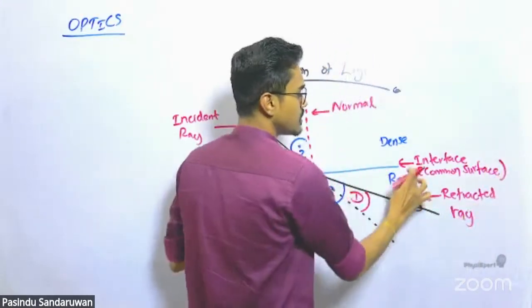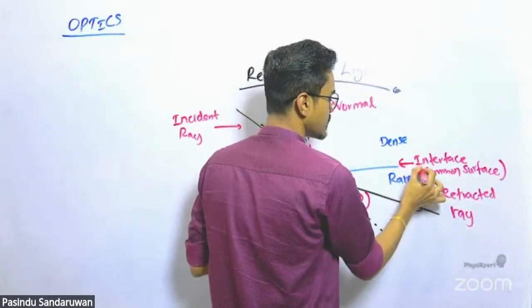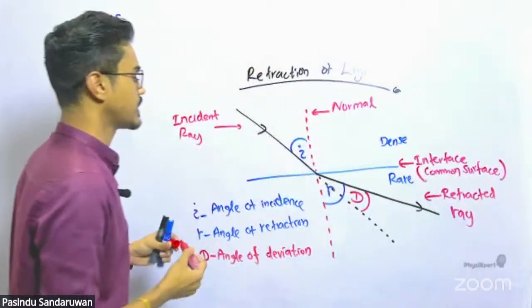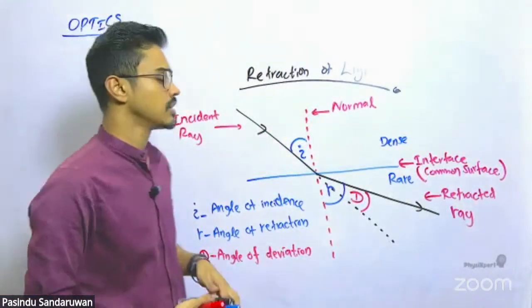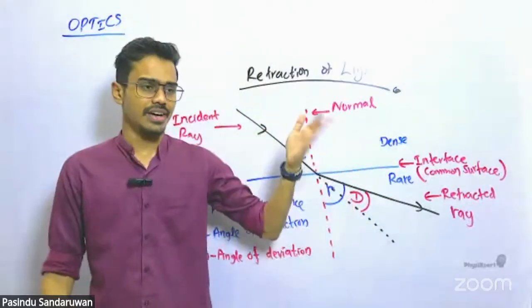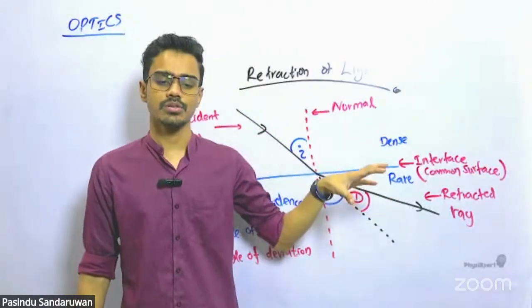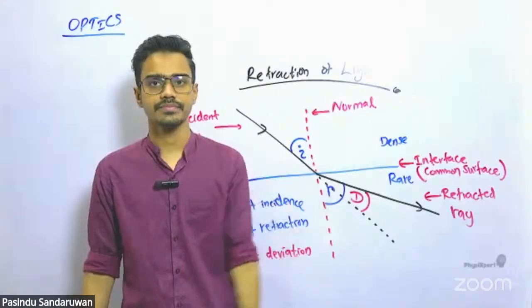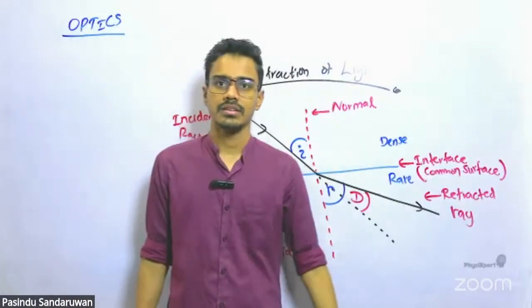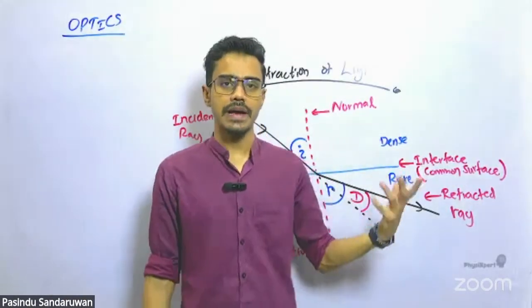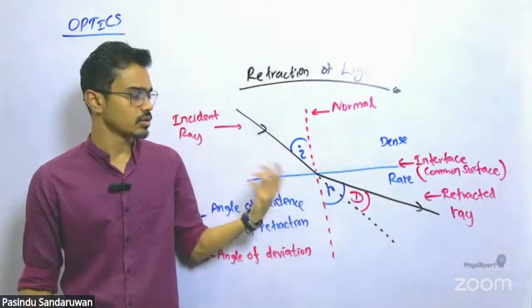Now, before seeing the laws of refraction, first we have to have an idea about this. I know that you have done this in O levels also, about 1.5 years back, so recall again here.